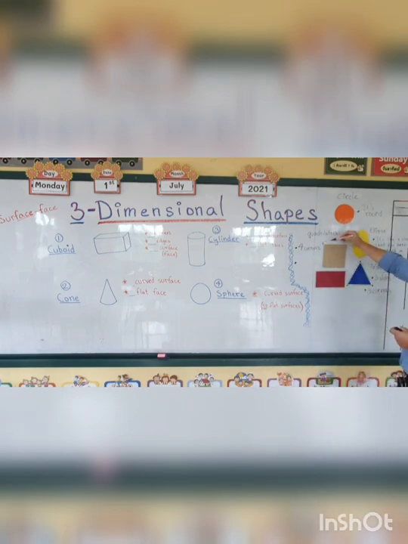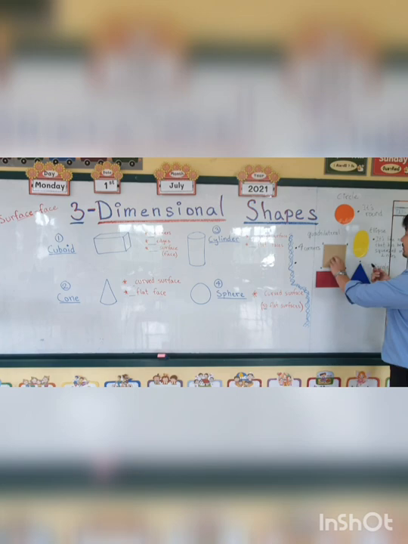We have 1 corner, 2 corners, 3 corners, and 4 corners. So the square has 4 corners. What about the rectangle? 1, 2, 3, and 4. Very good. It also has 4 corners, hence it being a quadrilateral.